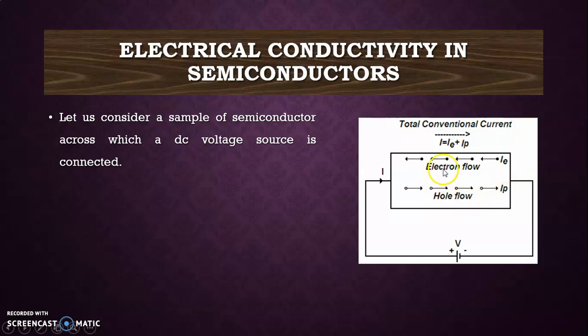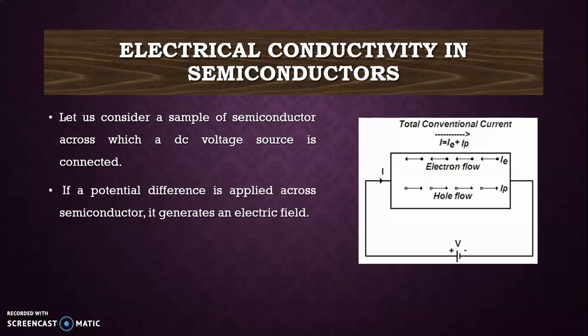So the total current in the semiconductor is the current due to the electron flow plus the current due to the holes. This addition of these two gives the total current. We use the term total conventional current through the semiconductor, which is I suffix E plus I suffix P.